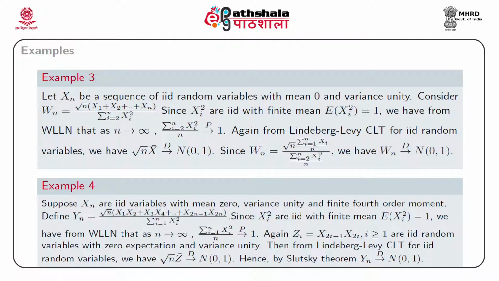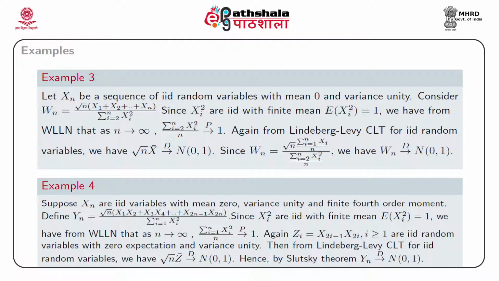Now consider new variables zi, which is defined as x2i minus 1 multiplied by x2i, and we find that zi are IID random variables with 0 expectation and variance unity. Actually xi are IID and having mean 0, so expected value of zi is nothing but 0, and as regards the variance of zi, we find that variance of zi is nothing but the product of expectation of x2i minus 1 square multiplied by expectation of x2i square.